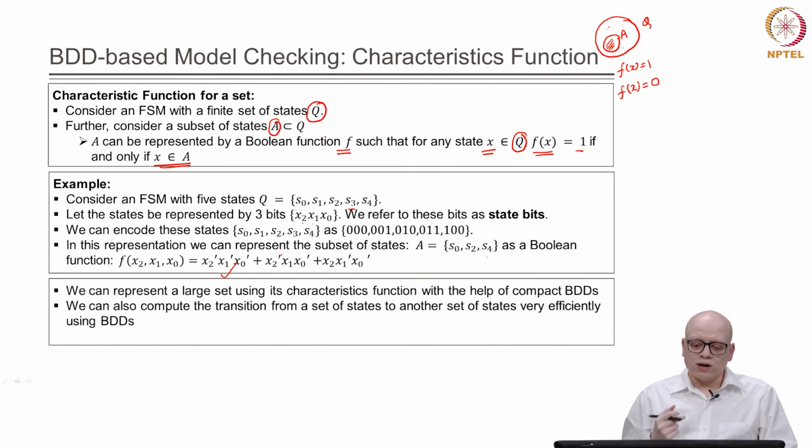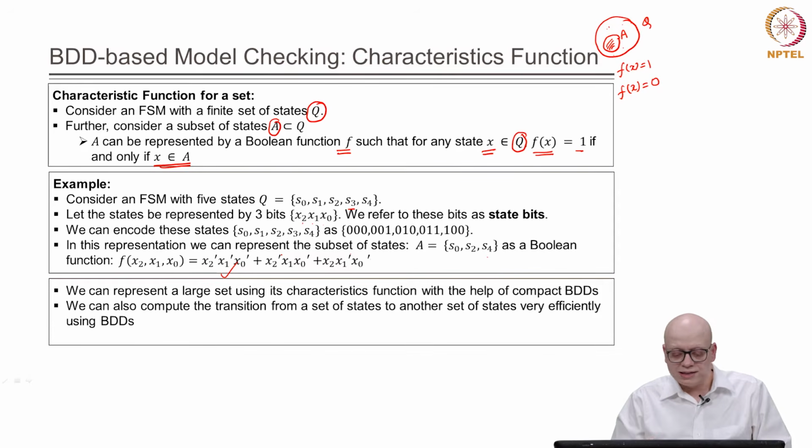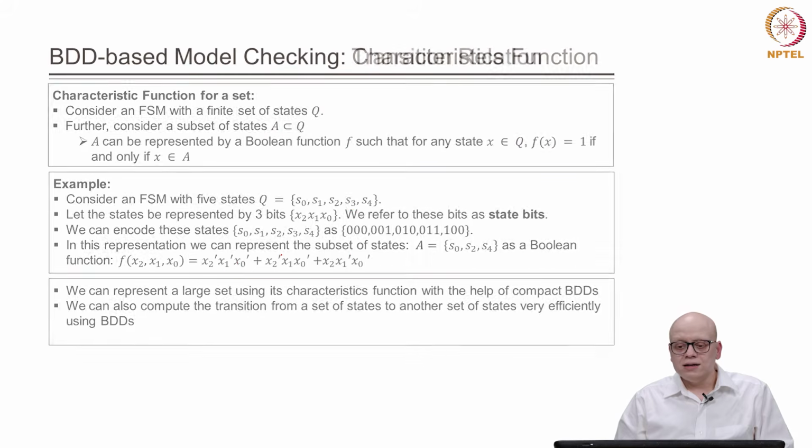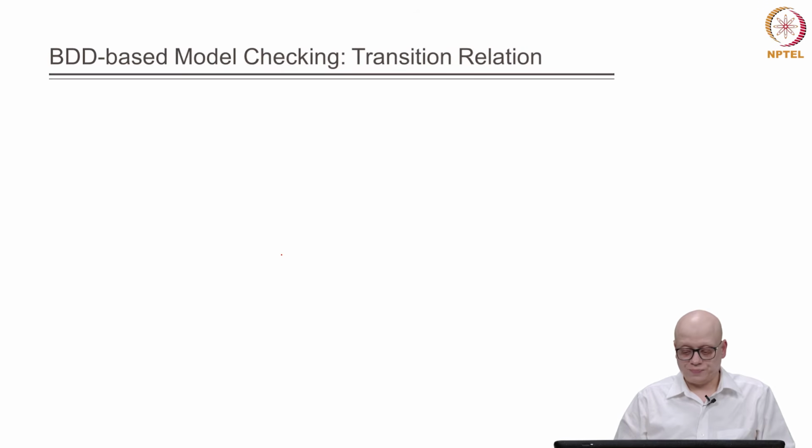Now, we can also compute the transition from a set of states to another set of states very efficiently using BDDs, right. So, how can we do that? We need to use what is known as a transition relation.